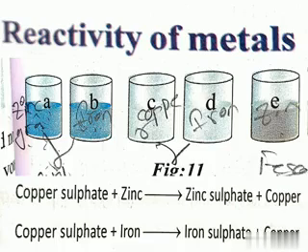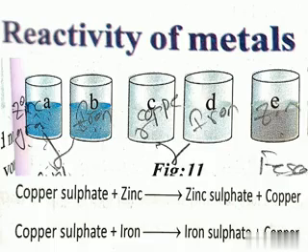In beaker B, the solution turns pale green, and a red mass of copper is deposited on the nail and at the bottom of the beaker. In beakers C, D and E, we cannot observe any change.